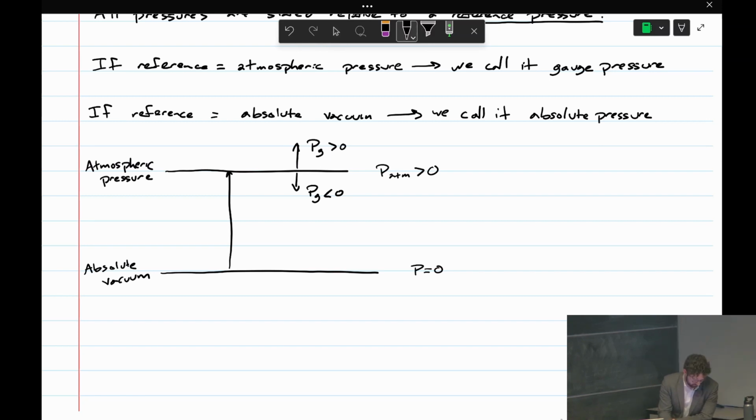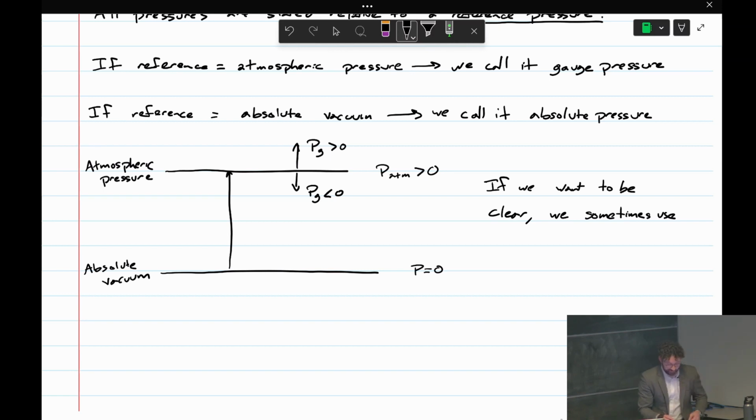So if we want to be clear, we sometimes tack on an extra letter to the units of pressure to indicate whether it's gauge or absolute. So we sometimes use units of, say, kilopascals gauge or kilopascals absolute.